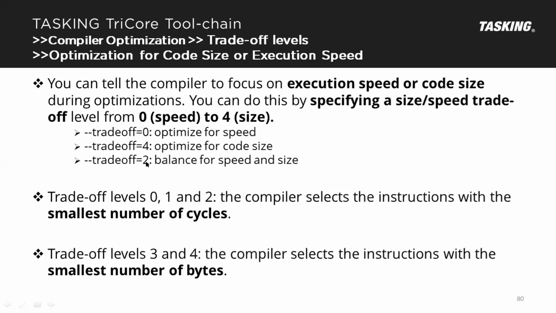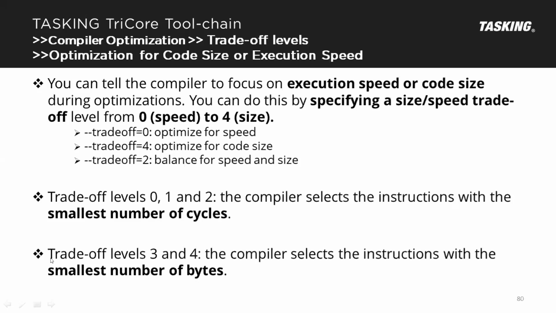And if you define this value as 2, it means I don't have any bias between speed and size optimization; I'm okay with both. So for example, if you select a trade-off value of 0, 1, or 2, the compiler will select the instructions with the smallest number of cycles, because I care more about speed and not the size.